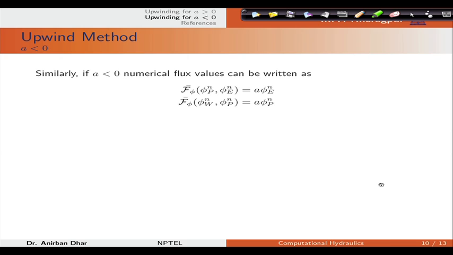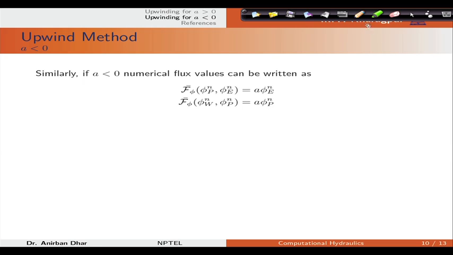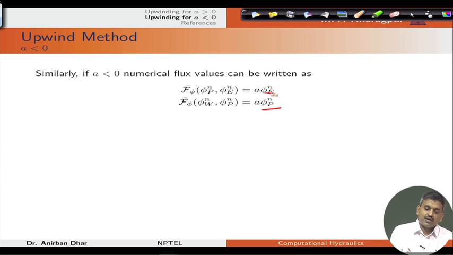So, if we consider a less than 0, this will be modified because at cell interface E, the information will be travelling from E to P side, and at W phase from P to W side. So, the corresponding values are utilized here.